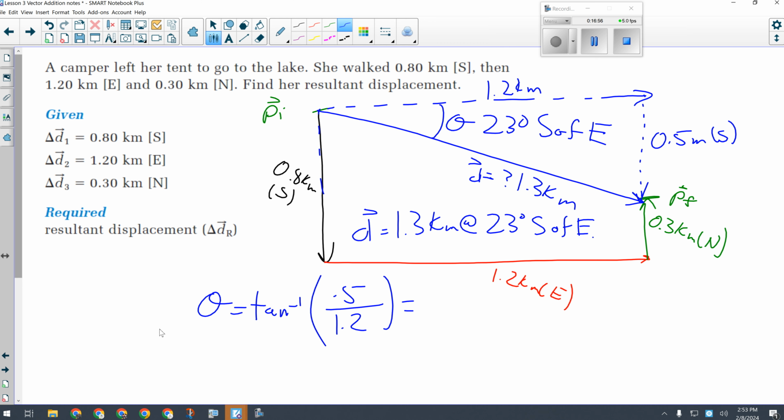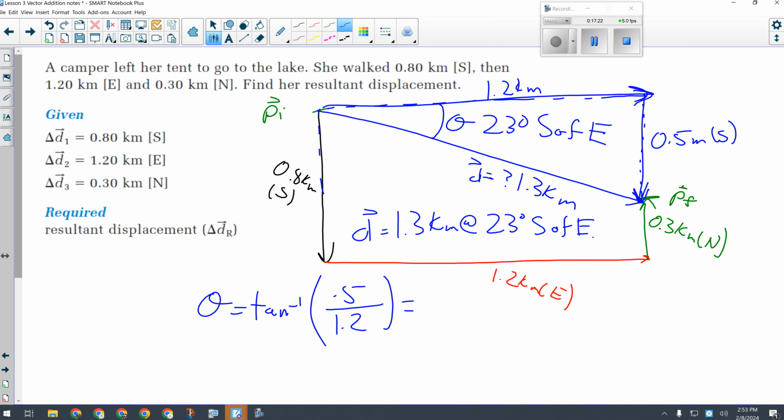Okay. All right, so here's why we do this question. It's to illustrate to you that any vector is made up of a horizontal component, in this case east, and a vertical component, in this case south. Okay? Any vector we get has a horizontal or an x component and a vertical or y component.